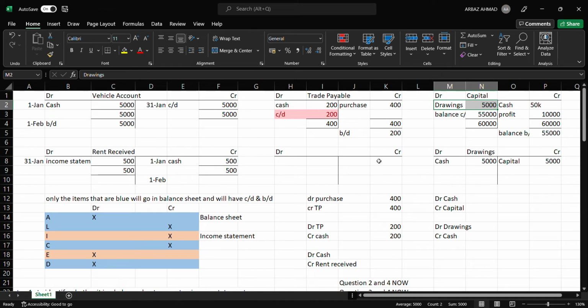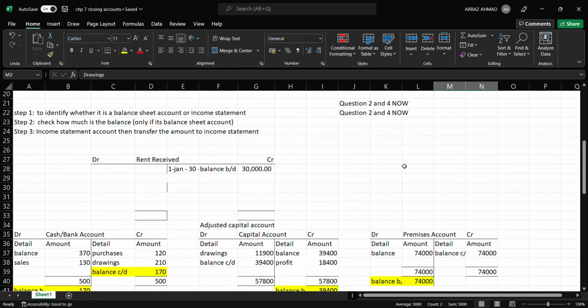There is also a running down balance account system, which we will not be focusing on because it does not assess you in IGCSE, although you have a couple of questions in your exam. But how it's done is that if you look at page 56, you will have the account, but then your debit and credit side is going to be totaled.